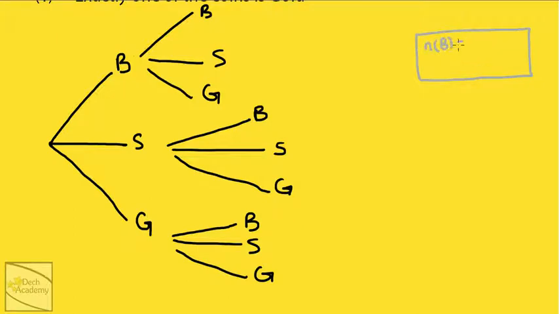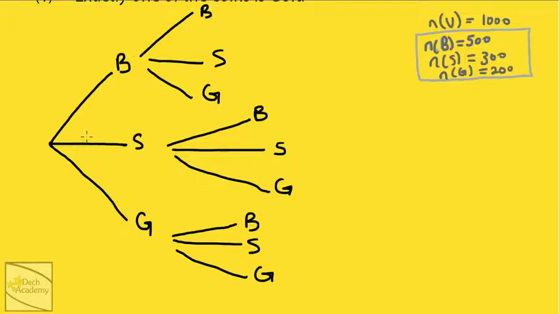Number of bronze coins is 500. The number of silver coins is 300. The number of gold coins is 200, which means that the total number of coins, the universal set, is 1000. We don't have to draw a tree diagram, but a tree diagram is going to help us solve the problem.